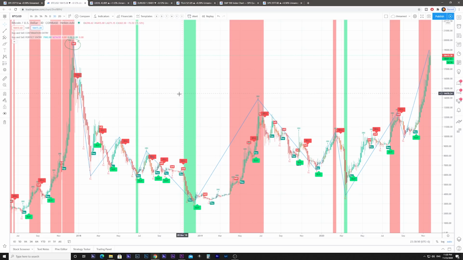The green area here means we are in an oversold area. So if you buy when exiting an oversold area and you receive the buy signal, you can see that it's followed by an uptrend.